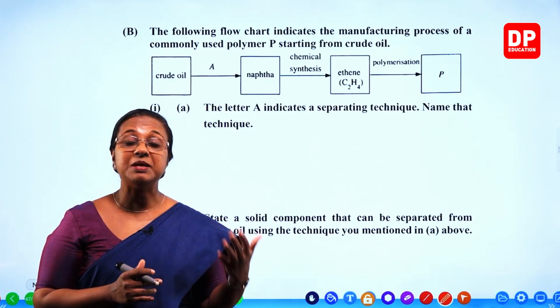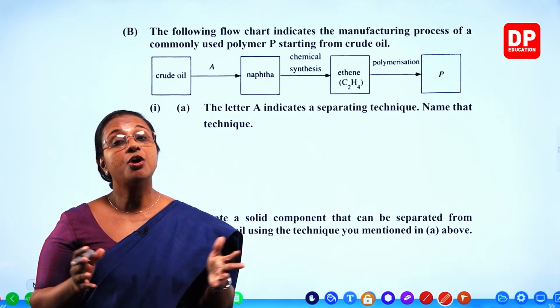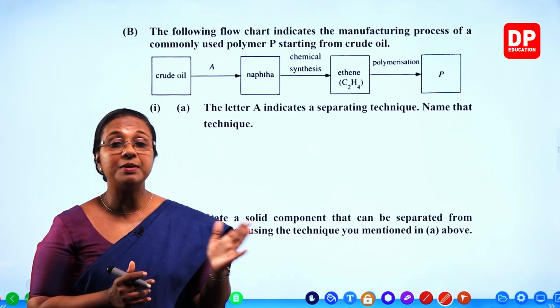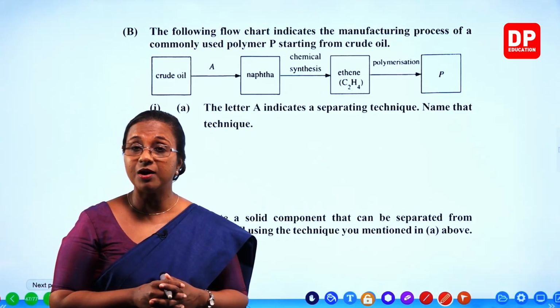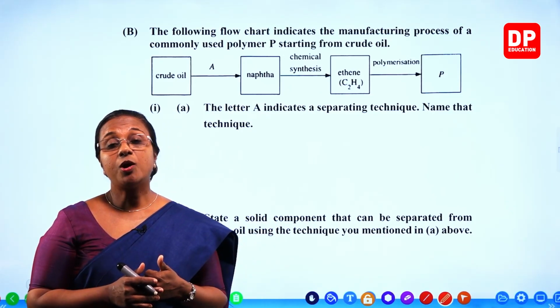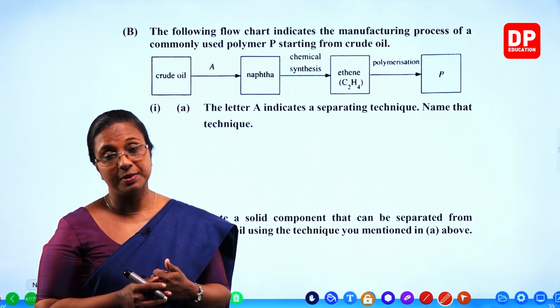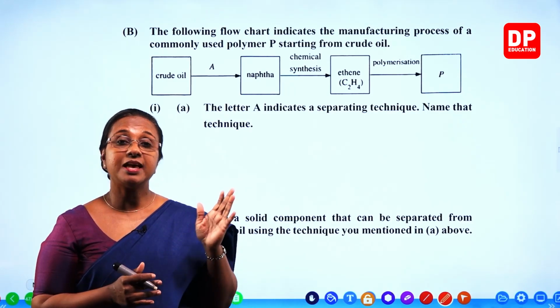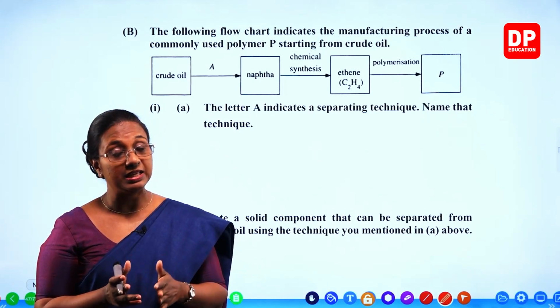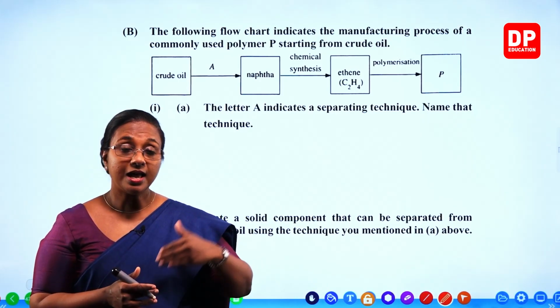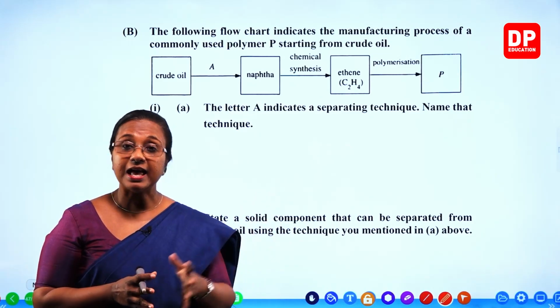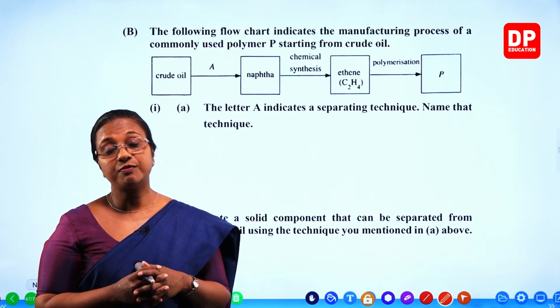They contain a mixture of hydrocarbons. You are familiar with hydrocarbons, the simple organic compounds that contain only carbon and hydrogen. So hydrocarbons can have just one carbon atom, methane, CH4. The number can increase. They can have a very high number of carbon atoms.